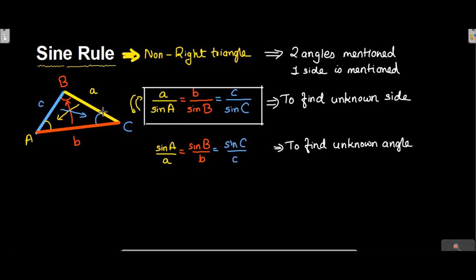These are the two formulas you should remember in the sine rule. If you write the side in the numerator, you're finding the unknown side. If you want to find the unknown angle, then sine A should come in the numerator and the side in the denominator. This is the basic theory, and let us solve the question.